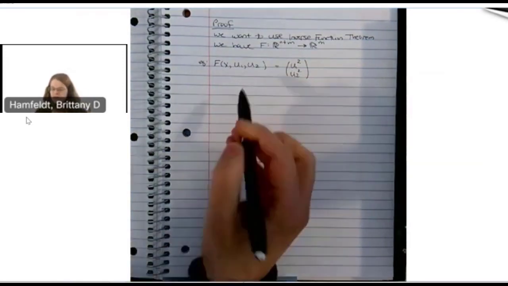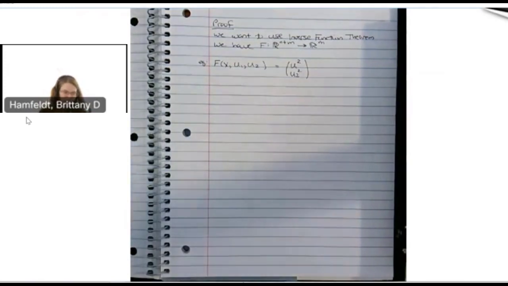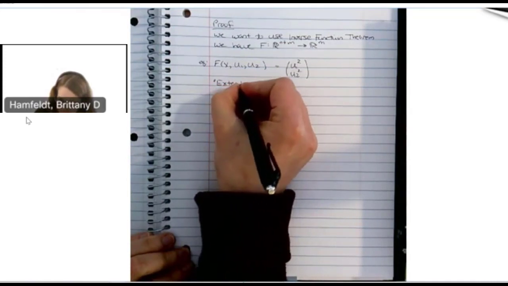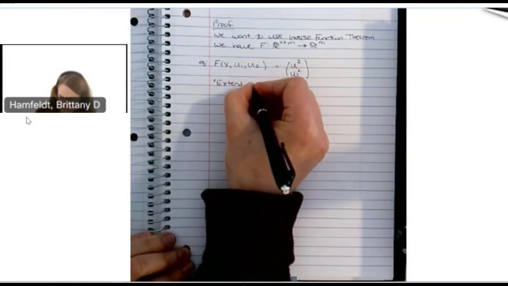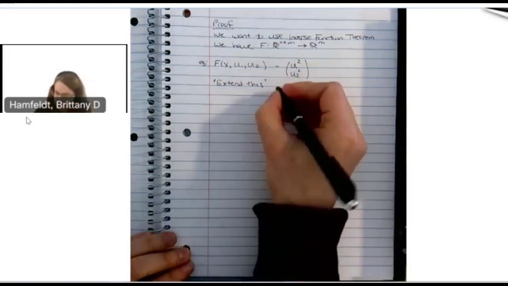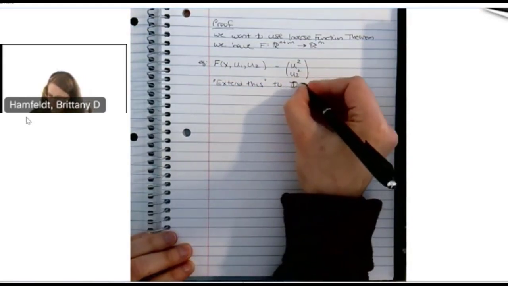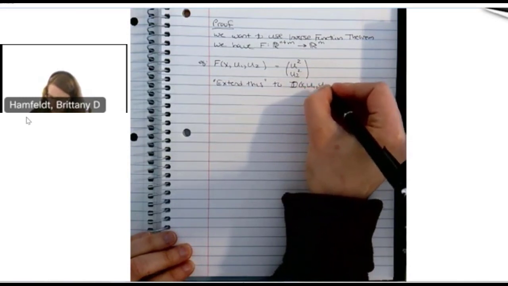Now, if I'm going to have 3 inputs, what I really need is 3 outputs, so we have to somehow extend this to a new function. I want to build some new function, which I'm going to call phi, that has 3 inputs, but also 3 outputs.